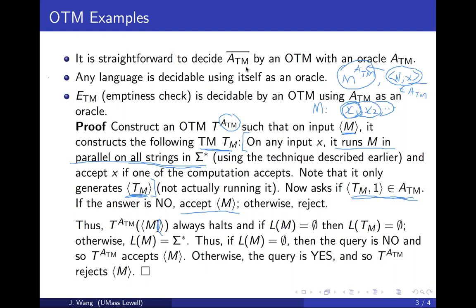Otherwise, if M accepts something, then one of these strings will be accepted, so this computation will halt on any input X. That means L of T sub M is sigma star.